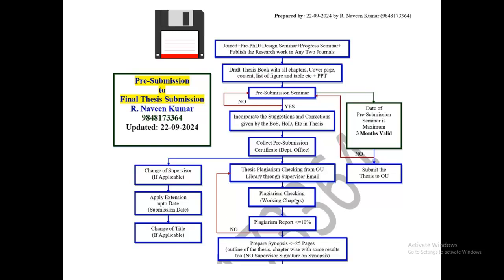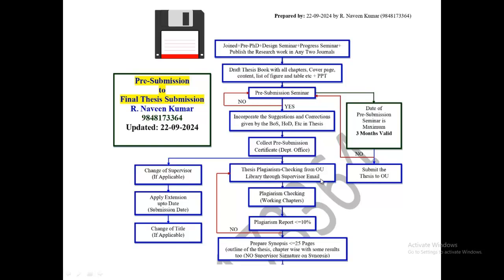If you have written both chapters separately, then introduction and literature are separate. If you are giving chapter-wise, then you take from the third chapter to the conclusion. It should be in a single file, from cover page, abstract, chapter 3 to conclusion, and it has to be checked for plagiarism.